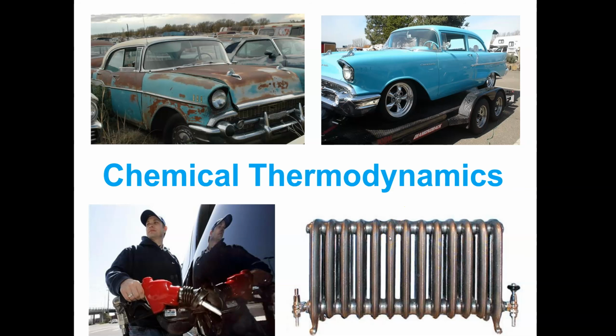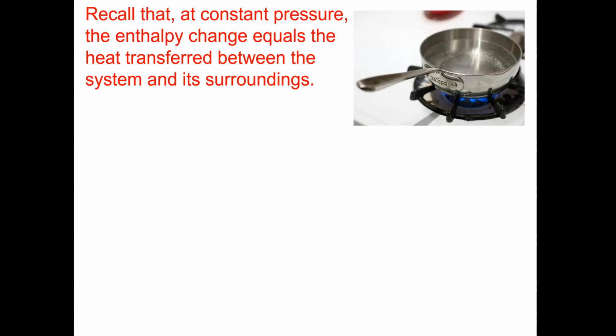So let's go over just a refresh of what thermodynamics was. Remember that at constant pressure, an enthalpy change occurs between the heat in the system and its surroundings. Think of, for example, this pan. The pan is taking in heat from the fire, and the fire is transferring that heat.